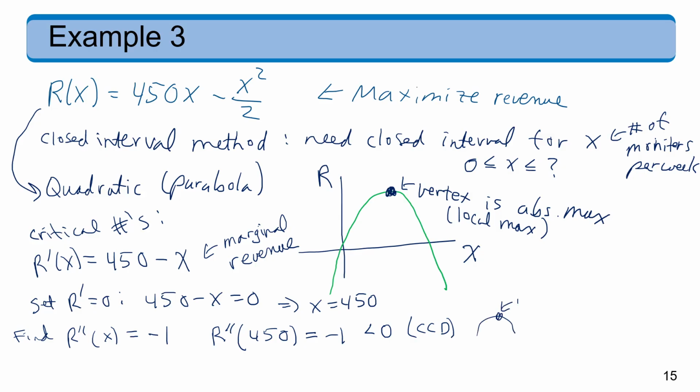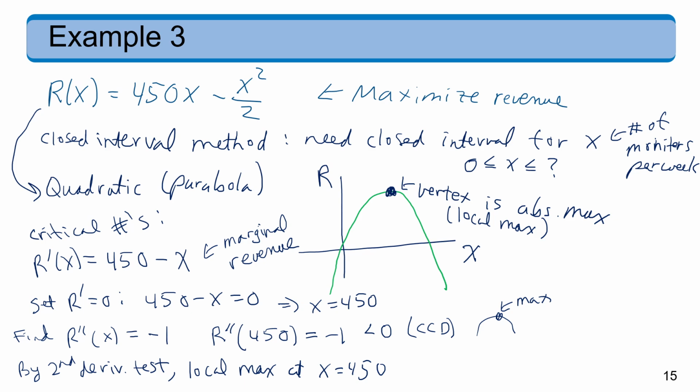That's what the second derivative test tells us. So by the second derivative test, we know we've got a local max at x equals 450. Now remember, x is the total number of units.